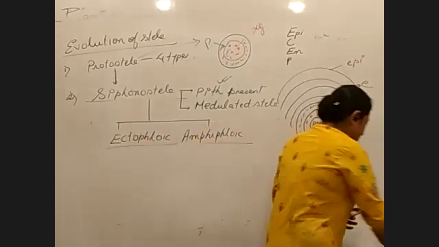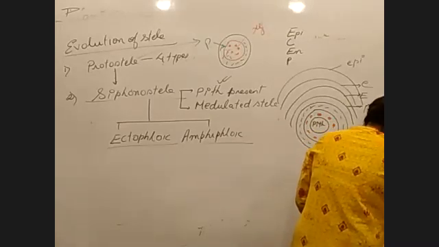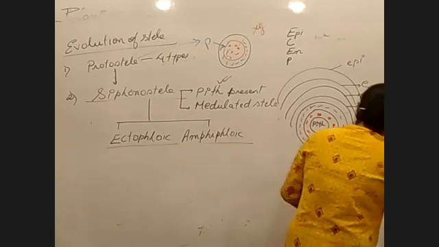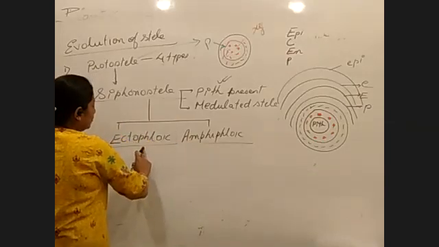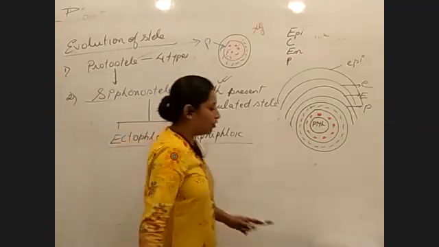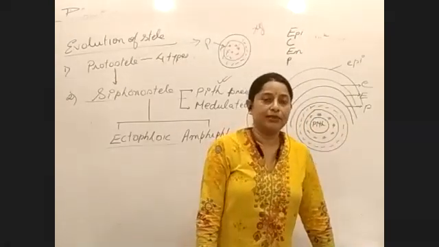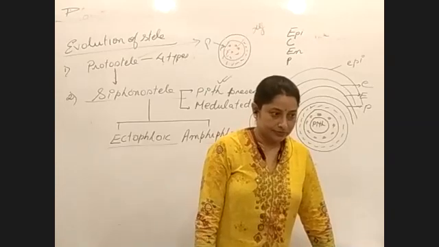Now coming to the two types of Siphonostele. Siphonostele can be understood, right? In Siphonostele, the center-most portion must have pith, with pith surrounded by xylem. Now Siphonostele could be of two types, ectophloic and amphiphloic. What do we understand by the word amphi? Amphibians can live on both water and land, a dual character.